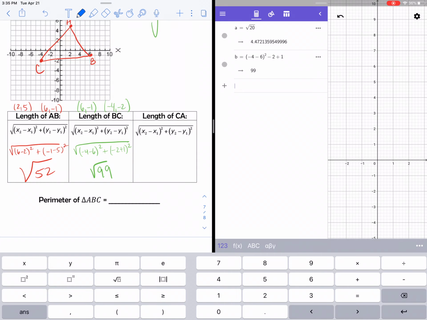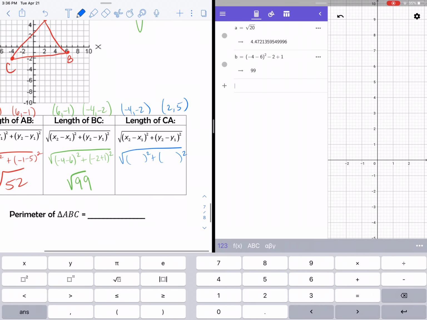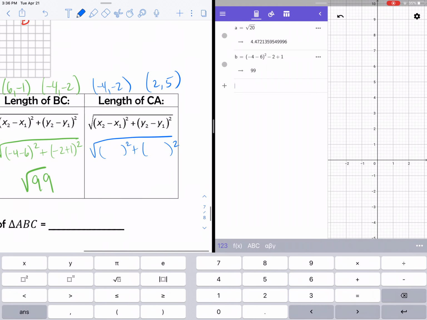And then the CA, I need to use the coordinates from C and A. So -4, -2, it doesn't matter the order that I use the point. If you used the 2, 5 as the first point and -4, -2 as the second point, it would be fine.